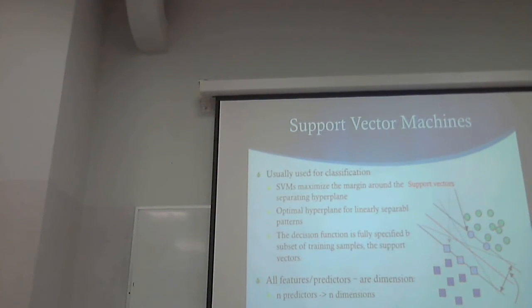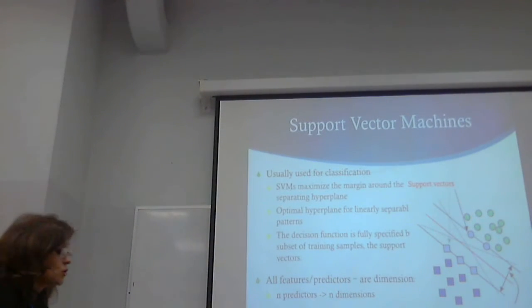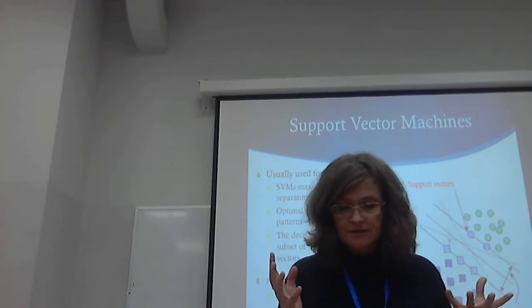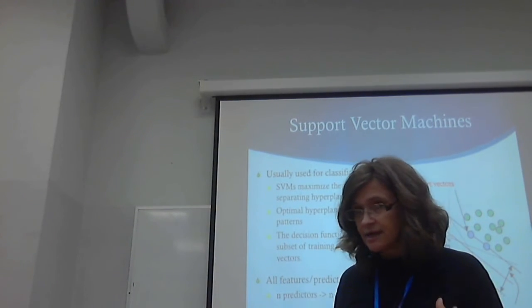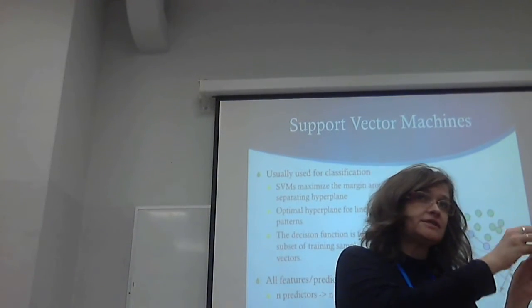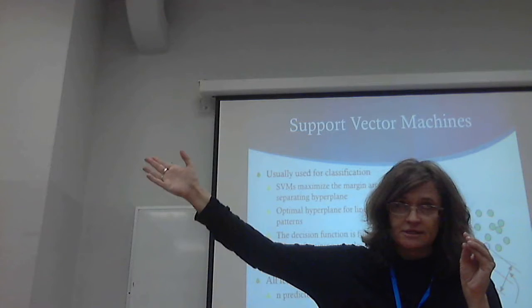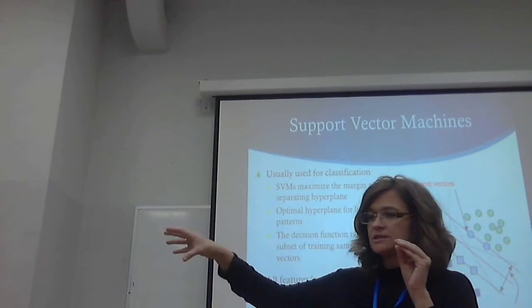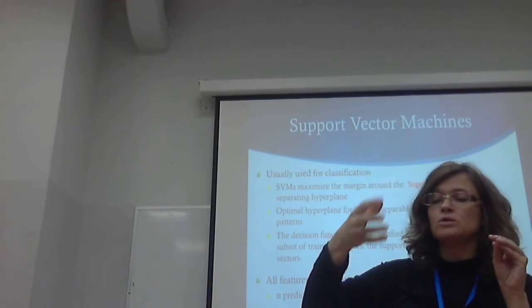Okay, what's the idea of the support vectors? Let me go again. So we have data, right? The data is considered as a vector. Because we have data with many predictors, and the numbers in front of any predictor are considered as coordinates, right?